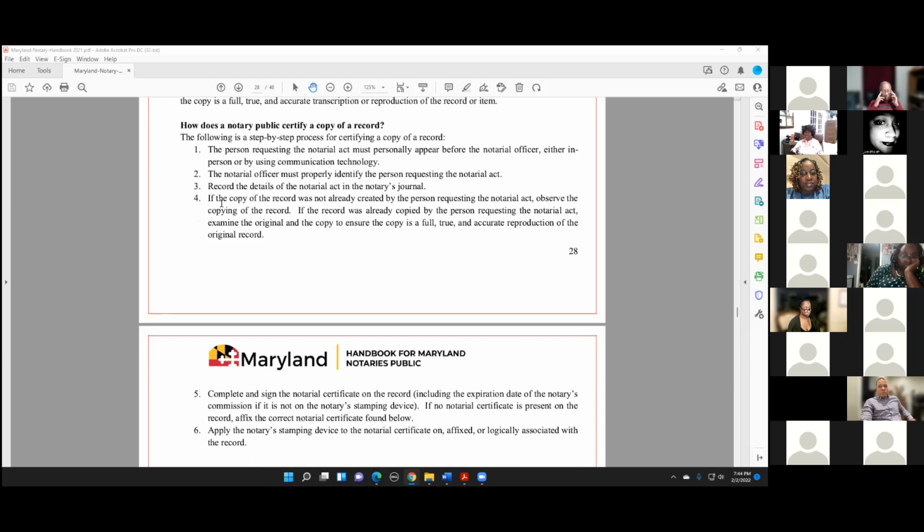This says, if the copy of the record was not already created by the person requesting the notarial act, then you observe the copying of the record. And then if the record was already copied by the person requesting the notarial act, examine the original and the copy to ensure the copy's full, true, and accurate reproduction of the original record. So the concept is the same, just that we're dealing now with a copy as opposed to a signature.